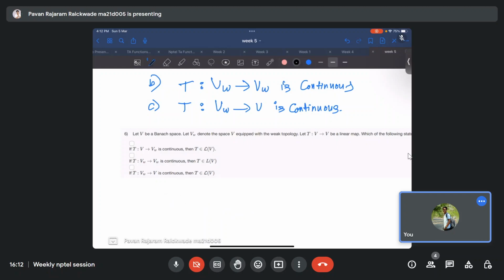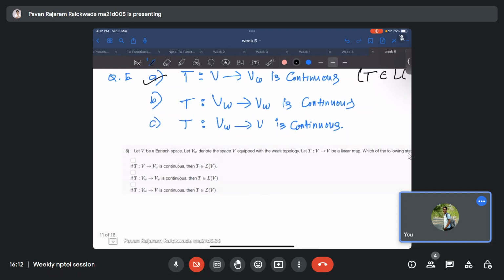Okay, just a minute. Anyone have any idea about this thing?